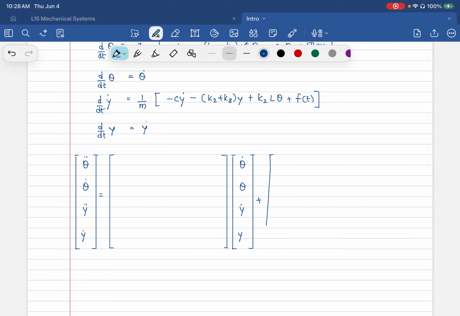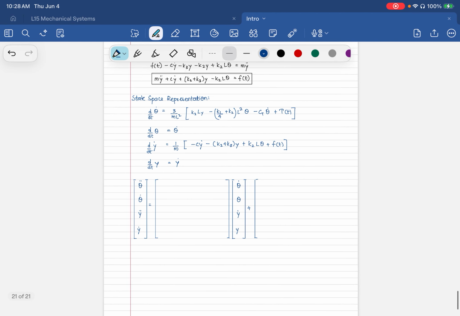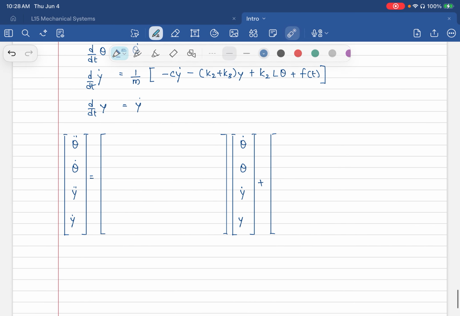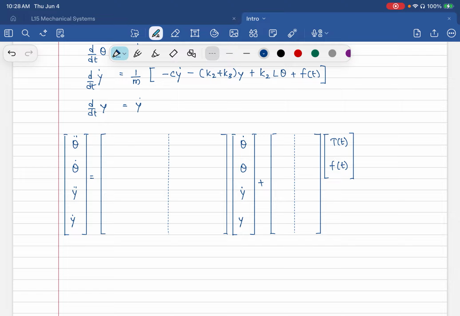Plus, now, how many inputs does this system have? You have tau of t and f of t. So they're going to feature in your input vector. So, of course, the number of rows will be the same, but you have now 2 columns. And here you have tau of t and f of t. So when I now do this, I want to make sure I want to make it clear.